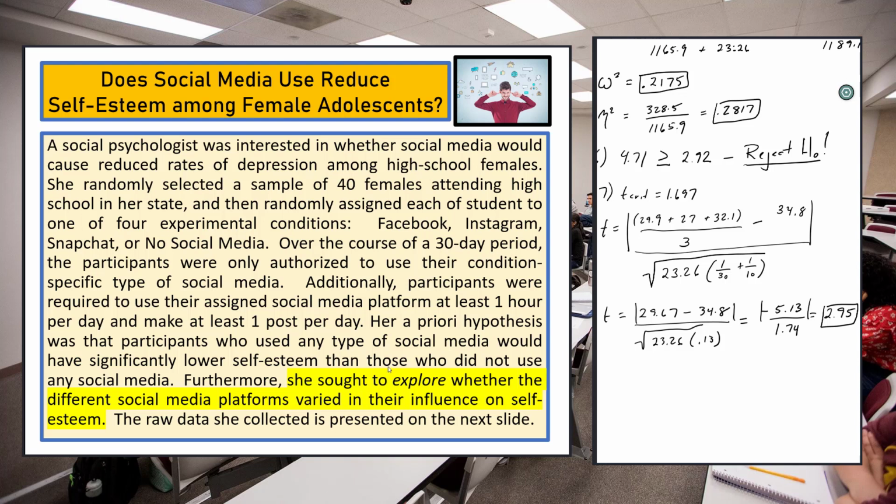Our exploratory question was that the researchers sought to explore whether the different social media platforms varied in their influence on self-esteem. Now, she didn't have a specific hypothesis. She didn't think that Facebook would be higher than Instagram or higher than Snapchat. She just wants to explore the data and see if anything comes out that would be informative for future research.